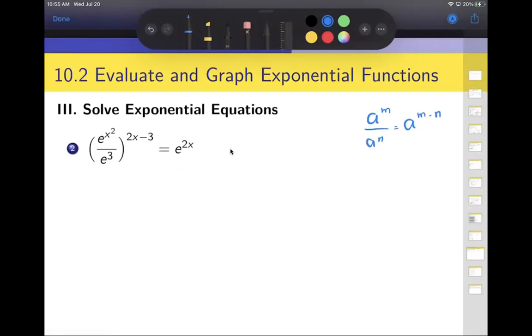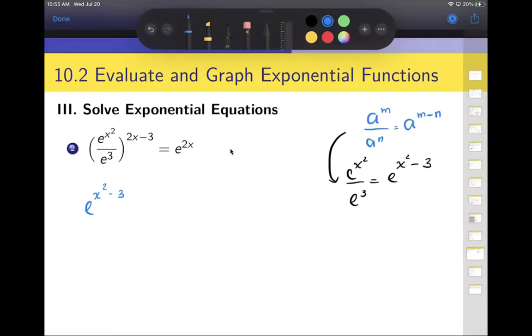So e to the x squared divided by e to the third is equal to e to the x squared minus 3.